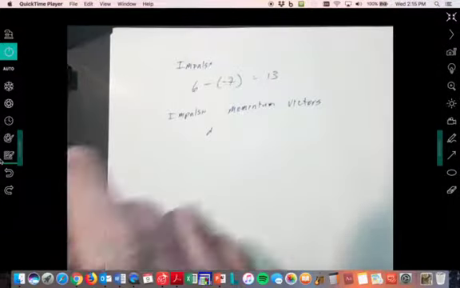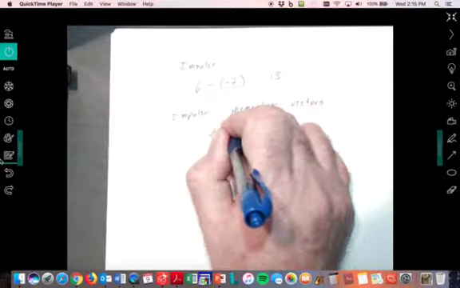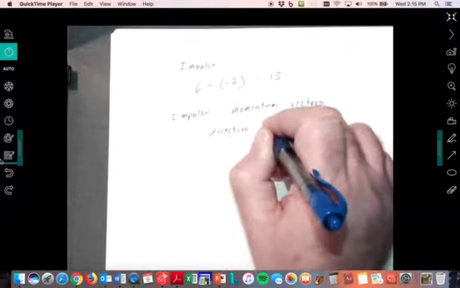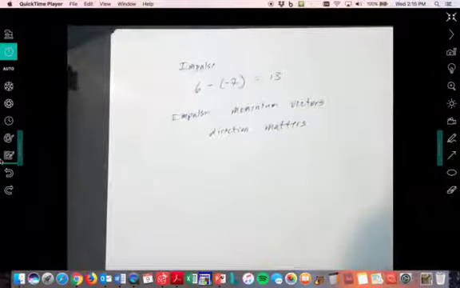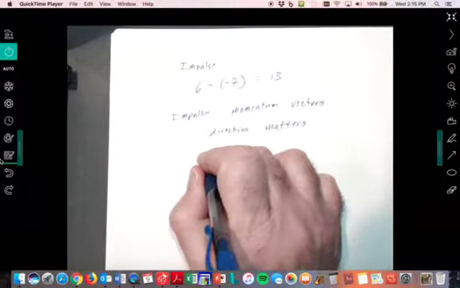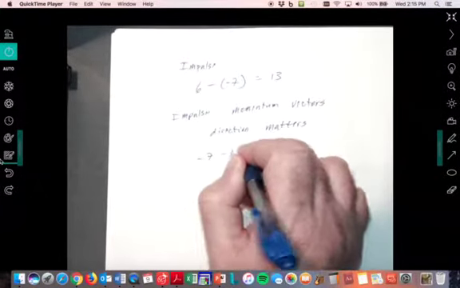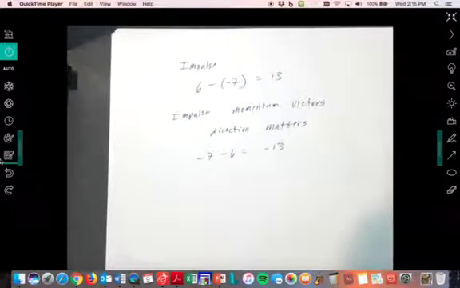Okay, let me get that out of the way. That direction matters. All right. So classic case. Well, let's try another one. Let's try -7 minus 6. Well, that's -13.